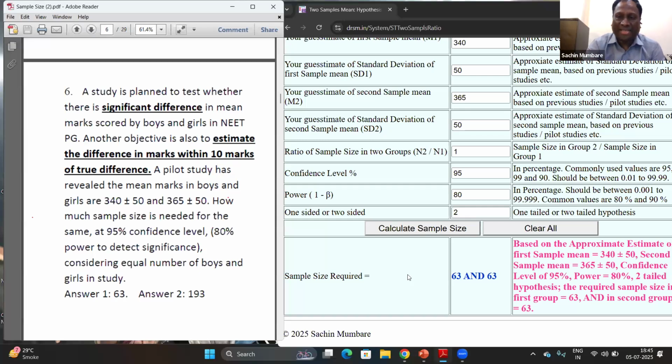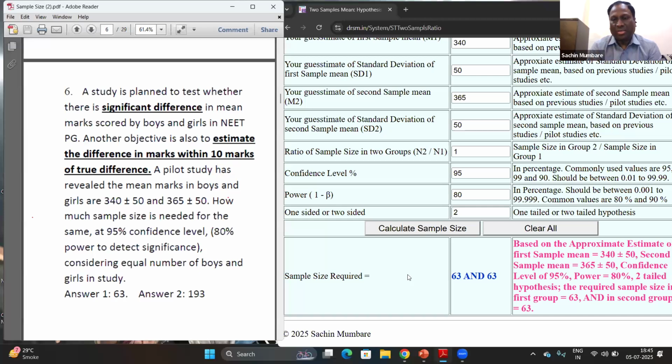But somebody can ask, or you might have this objective also: how much is the exact difference between marks obtained by boys and girls quantitatively? If the actual difference is 25, I want my study to give the difference within the allowable error.